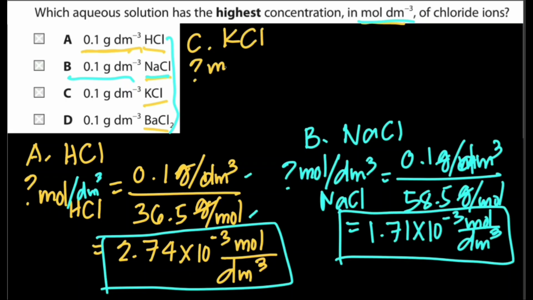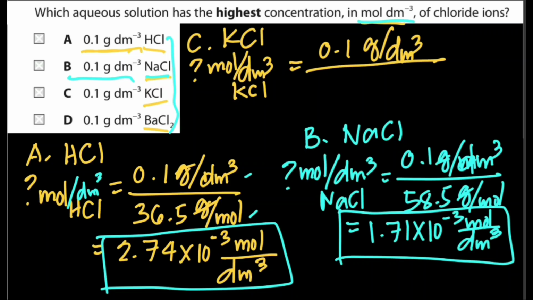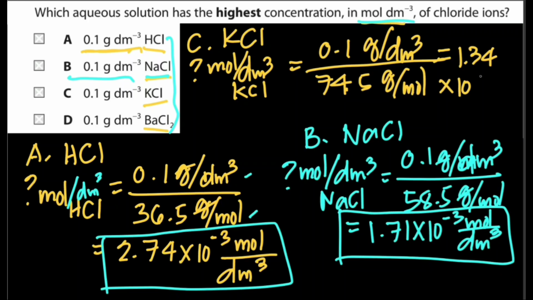So the number of moles per cubic decimeters of potassium chloride is just equal to 0.1 gram per cubic decimeter divided by the molar mass of potassium chloride, which is 74.5 grams per mole, then the concentration of this is just equal to 1.34 times 10 to the negative 3 mole per cubic decimeters.